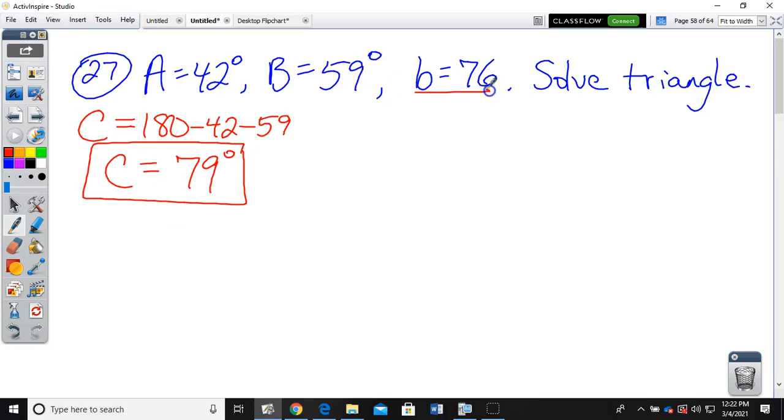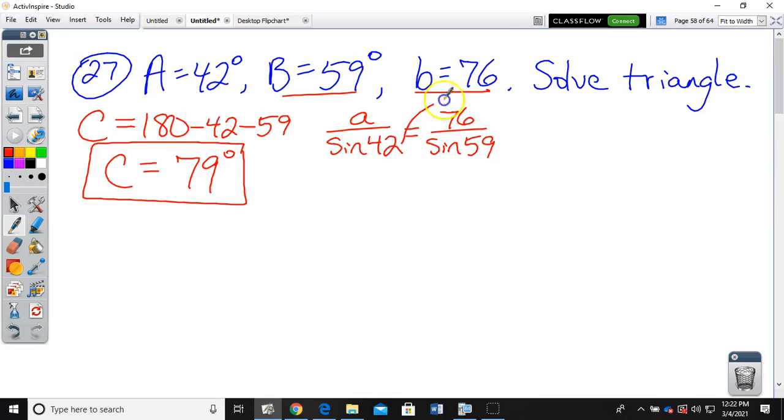Again, we know B and little b, so that's what we're going to set everything equal to. So little a over the sine of 42 equals little b, which is 76, over sine of big B, which is 59.